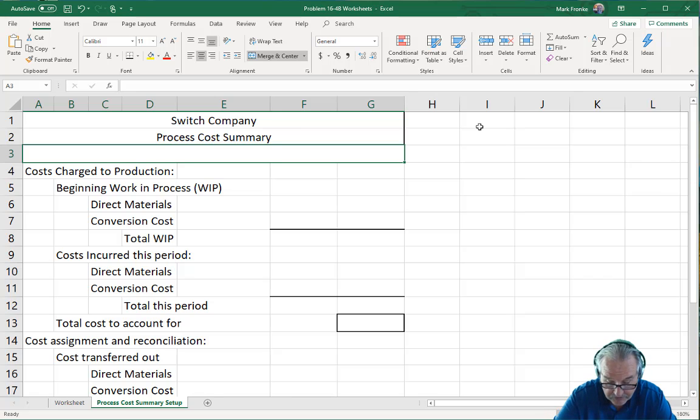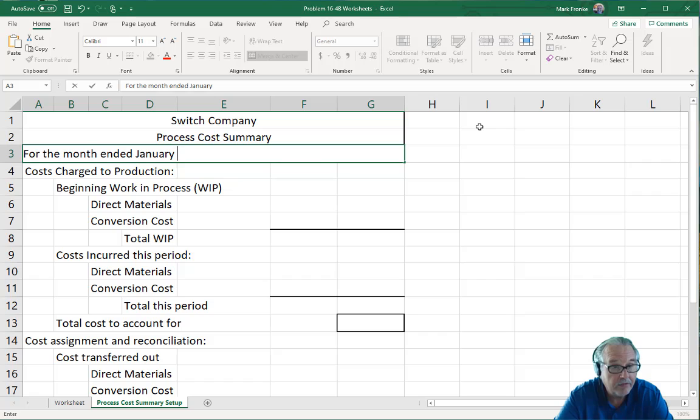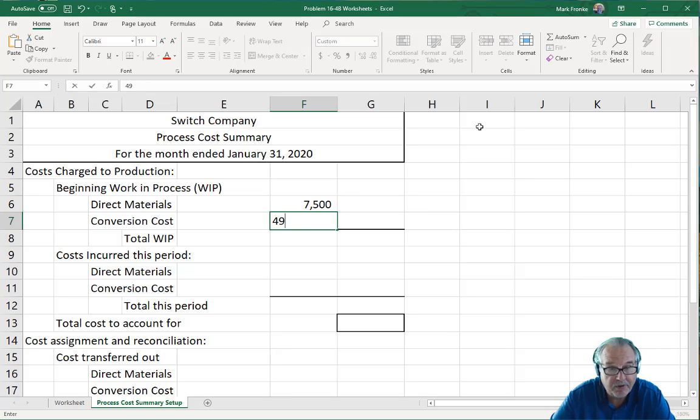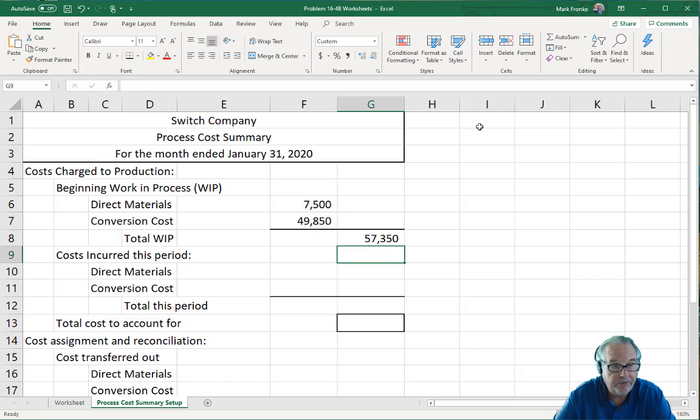This is for the month ended January 31, 2020. We had our beginning work in process of materials, 7,500. Our beginning work in process of conversion costs was 49,850. So there's our beginning balance in the T account.